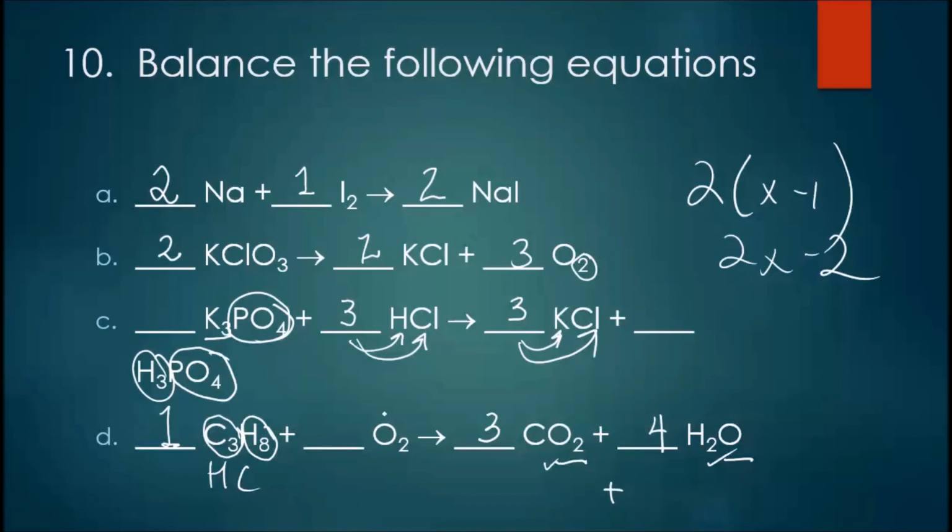How many oxygens there? And how many oxygens there? 6 plus 4 is? We're safe. If that was an odd number, we'd have to go back and try multiplying this by 2. But we're safe because what times 2 is 10?